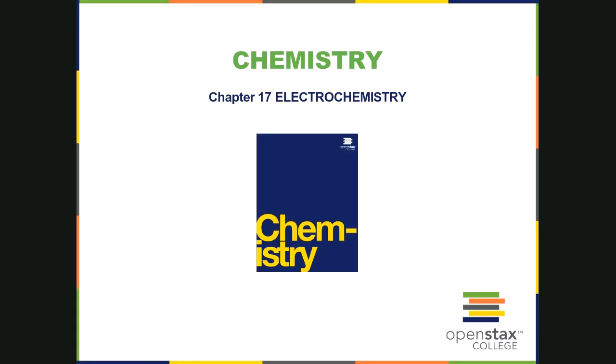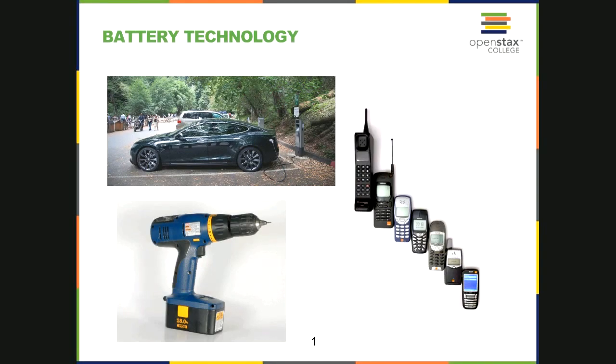So we're going to go to chapter 17. This is electrochemistry, and we did a lab on Monday that was electrochemistry, so we're a little bit behind with the lecture, but not too bad. So anyway, electrochemistry is input for a lot of stuff, a lot of technology, because electrochemistry is what's in battery technology.